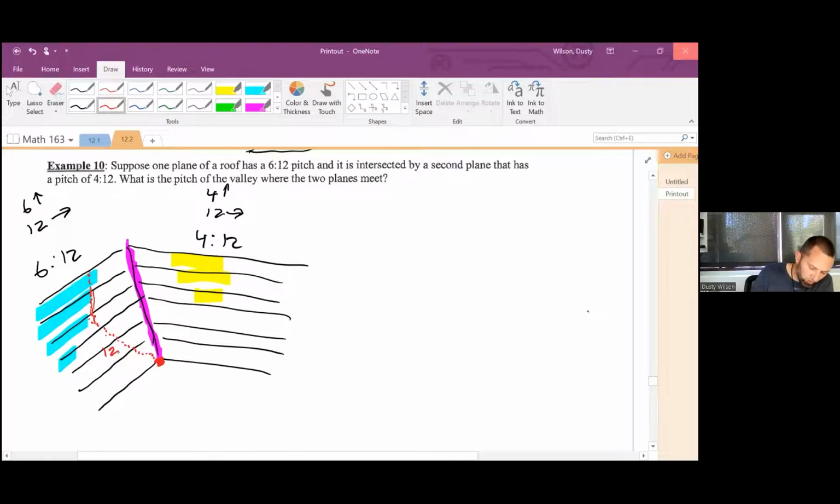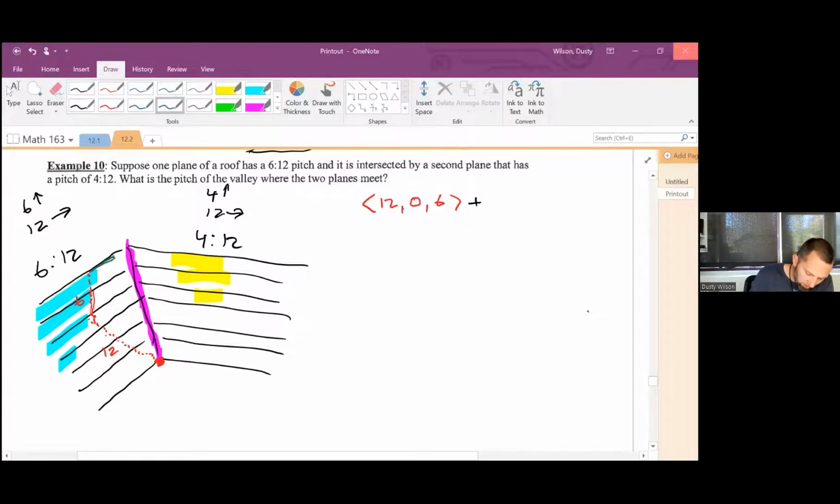So we went over 12, and so we would come up 6. And you could think about that as being represented by a vector like 12 in the horizontal, on the x component, no y's in this case, and then we're going to go up by 6.